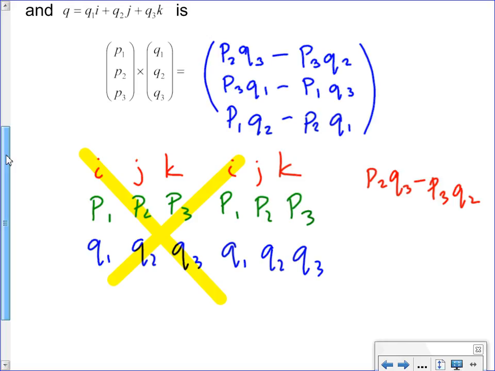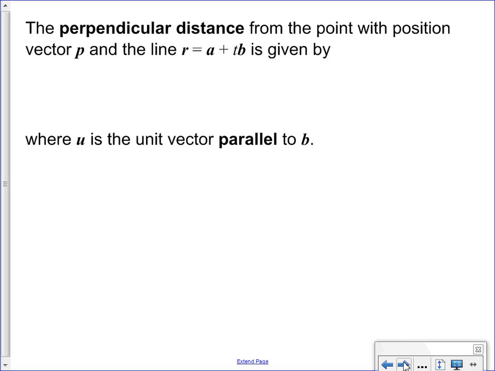Last formula, and then we get down to the nitty-gritty stuff.